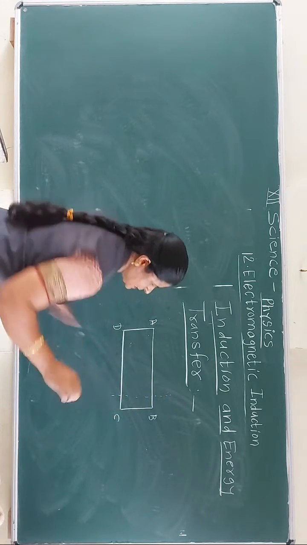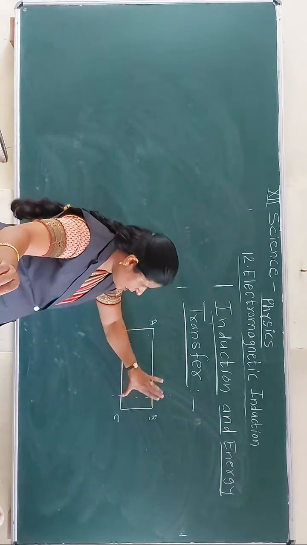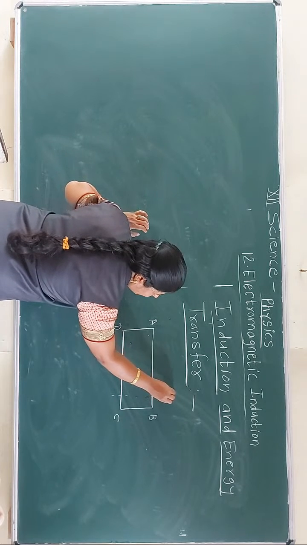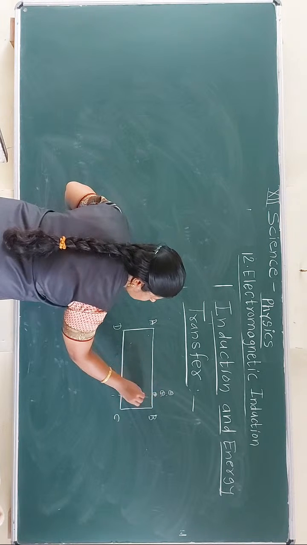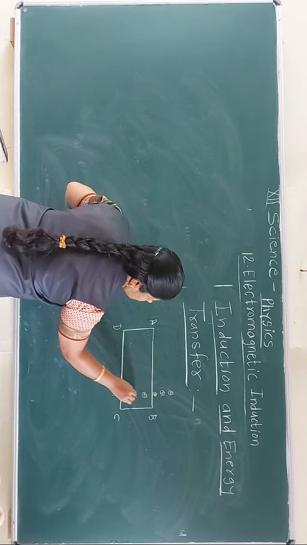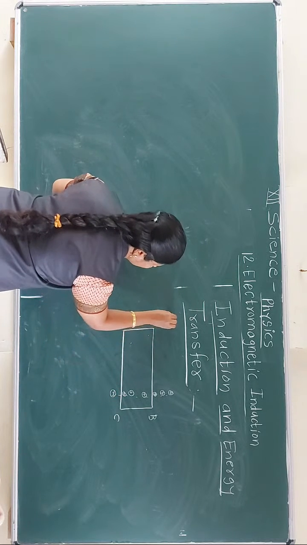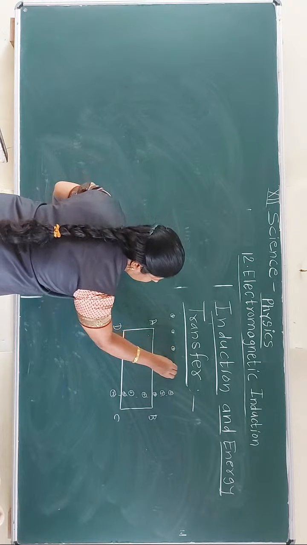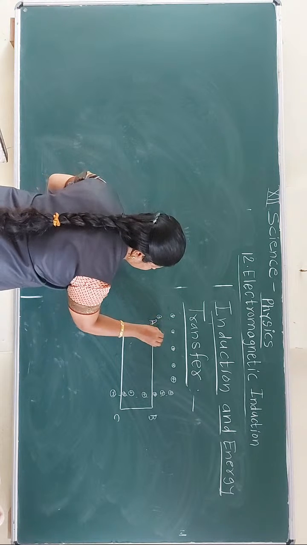The side BC is outside the constant magnetic field, and the constant magnetic field is denoted by a circle with a plus sign. So this is the constant magnetic field.